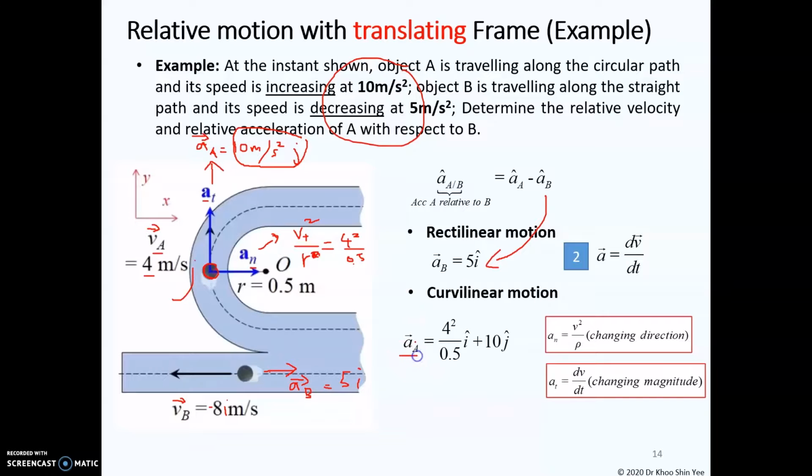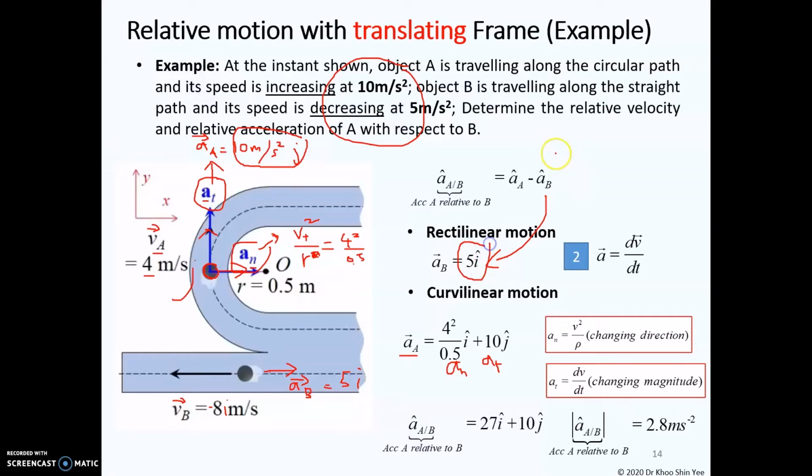Therefore, we can form the acceleration at object A to be 4 squared over 0.5 in the i direction, which is here, and then you need to add 10j, which is this direction. So this is the aT component, and this is the aN component.